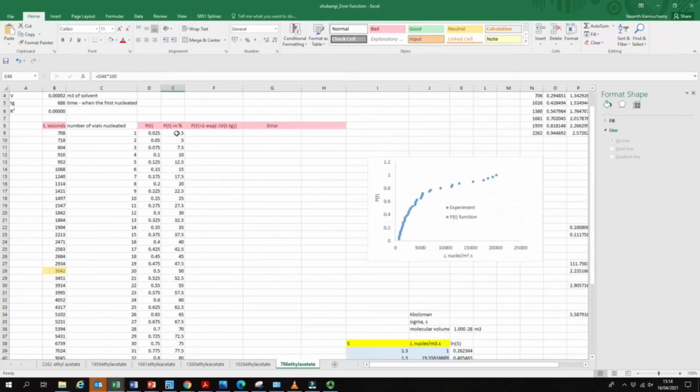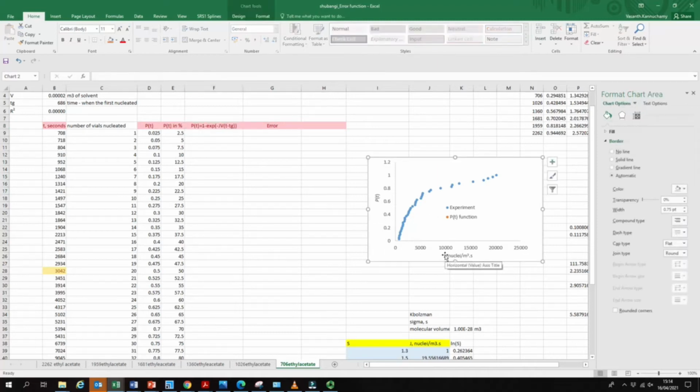From the probability or the chance of nucleation, which ranges from 0 to 1, we are going to calculate the nucleation rate. Here I showed a plot. Oh, this is not J, this is time.